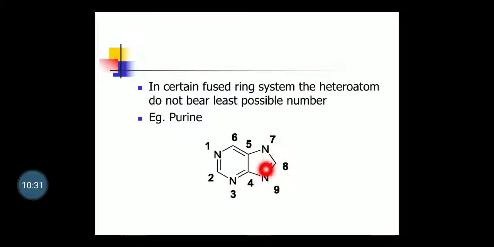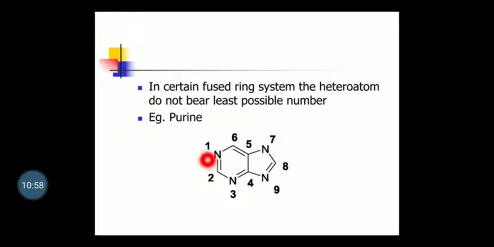Pyrimidine, imidazole. As we know, the previous example quinoline was the fused ring structure of benzene plus pyridine. Now this is purine, which is a fused ring structure. So the pyrimidine is fused with the imidazole to form the resultant structure that we call a purine.